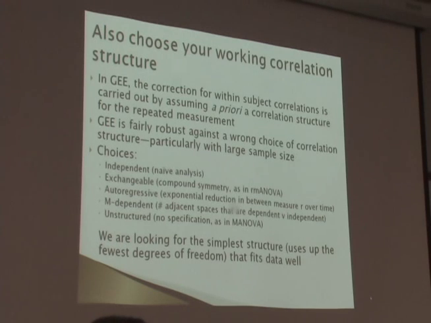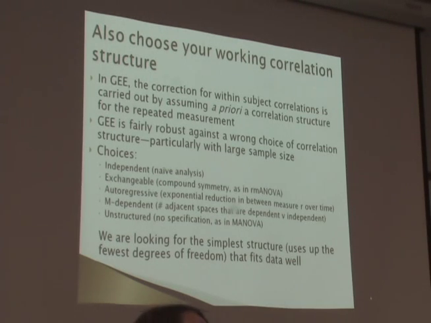The goal is to find the simplest structure. When I say simplest structure, it means that, depending on your sample size, you would want to potentially minimize the number of parameters that you have to estimate, right? That fits the data well. So this is an approach where we can compare model fit, right?